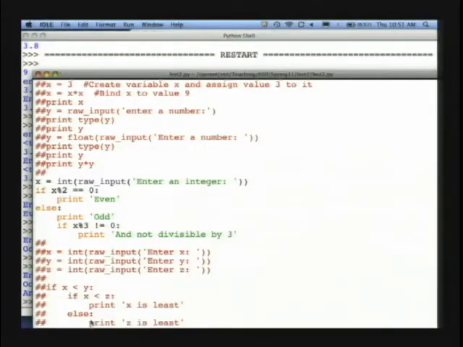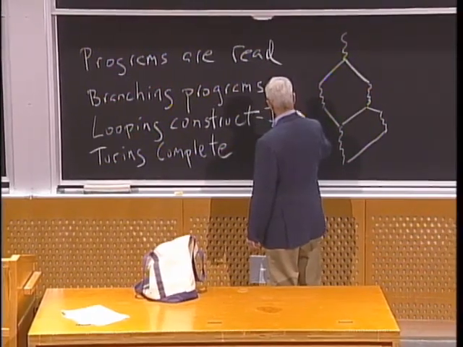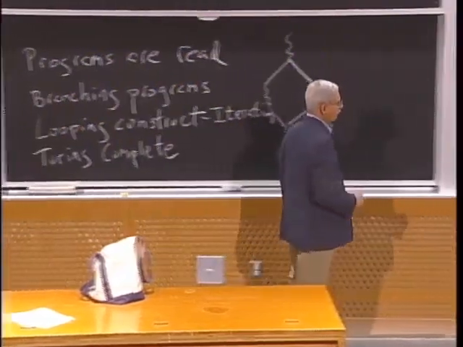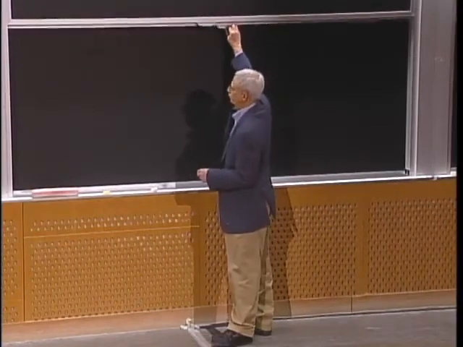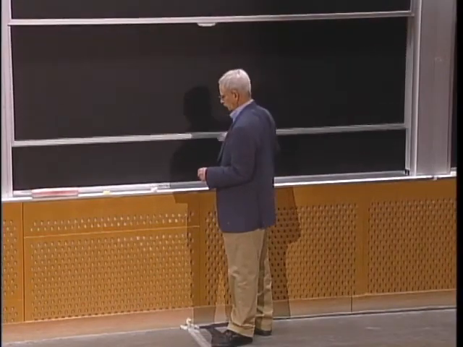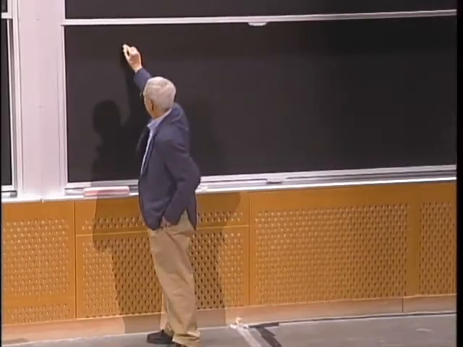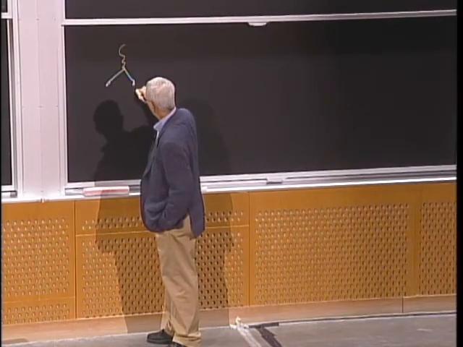This concept, by the way, is called iteration. And if we look at languages with iteration, what we'll see is a more complicated flow of control. You execute some statements. Maybe you do some branching if you want.